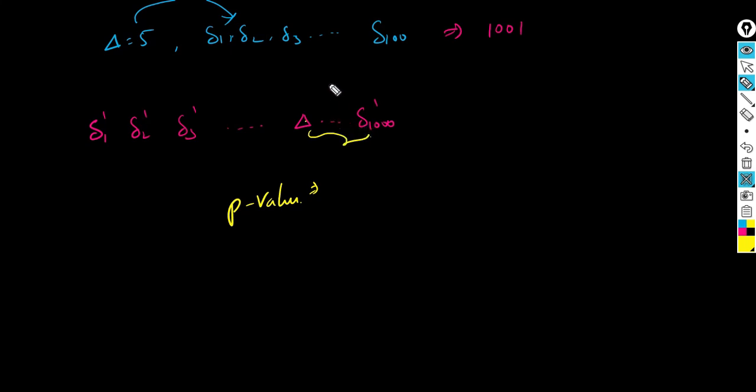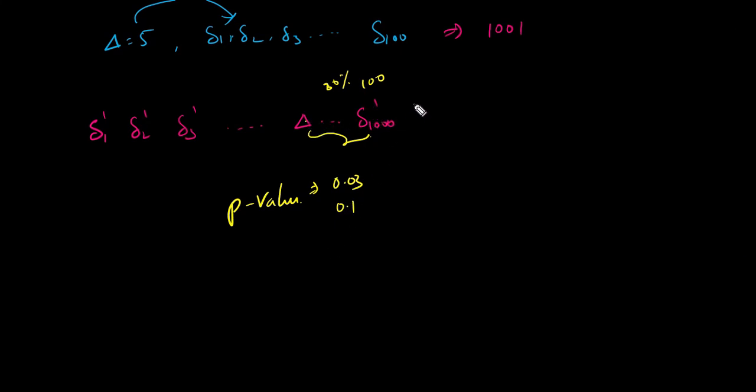If 30 points are there, then we can tell the p-value is 0.03. If 100 points are there, then the p-value is going to be 0.1. If between these two points 200 are there, then it's going to be 0.2. Like this, based on the number of points between these two values, it is actually the p-value.